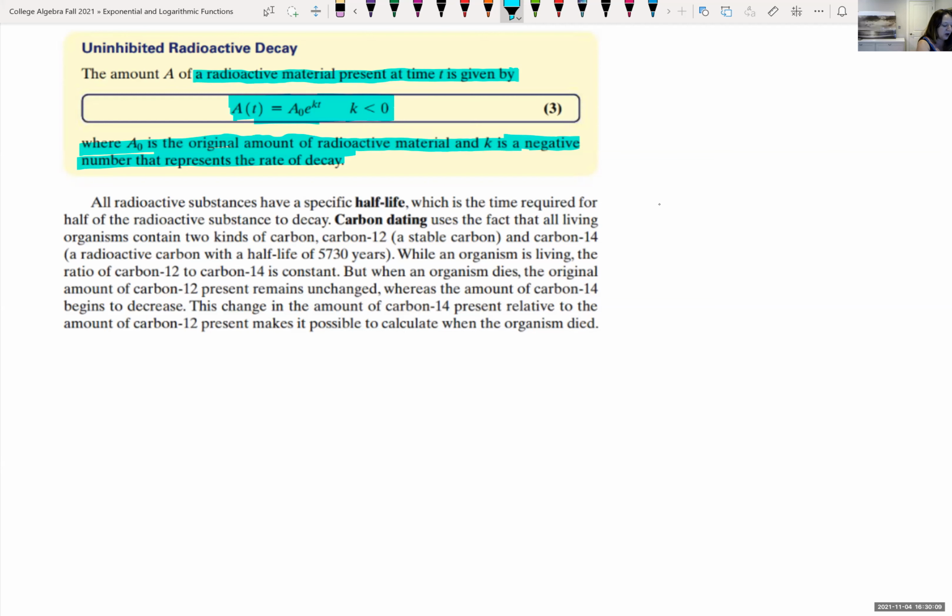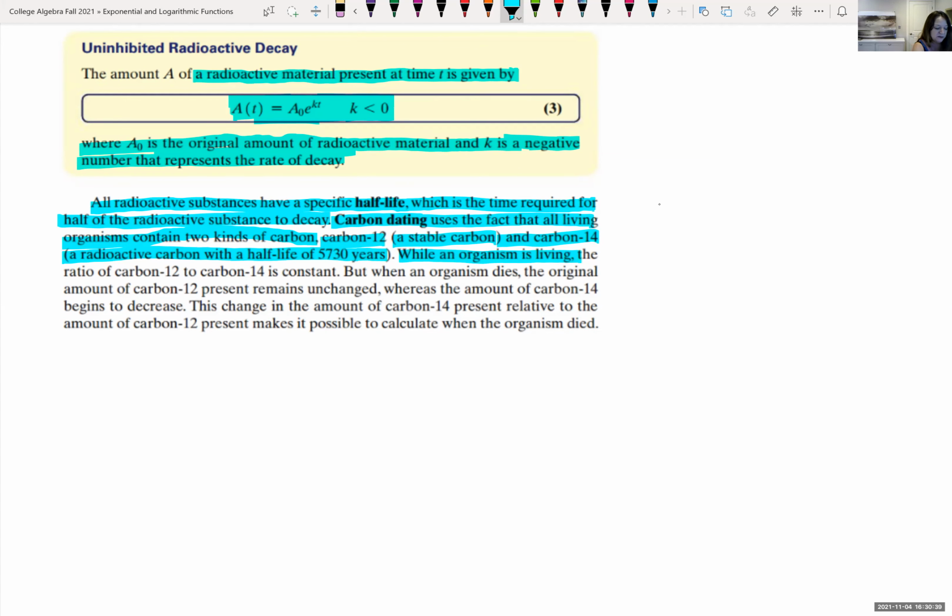So let's just read through the following. All radioactive substances have a specific half-life, which is the time required for half of the radioactive substance to decay. Carbon dating uses the fact that all living organisms contain two kinds of carbon, carbon 12, a stable carbon, and carbon 14, a radioactive carbon with a half-life of 5,730 years.